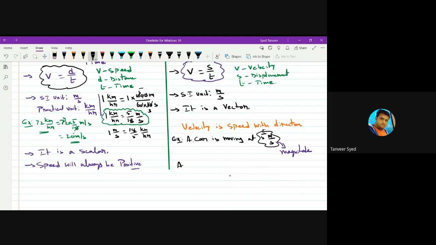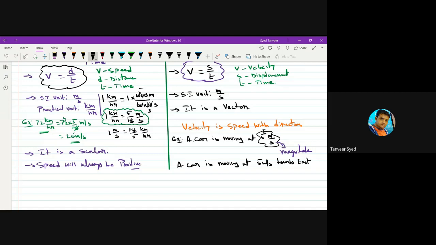If I just modify it like, a car is moving at 5 meter per second towards east, then this gives you an exact picture.